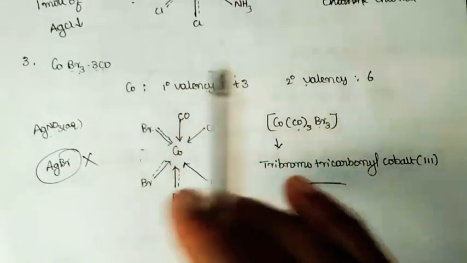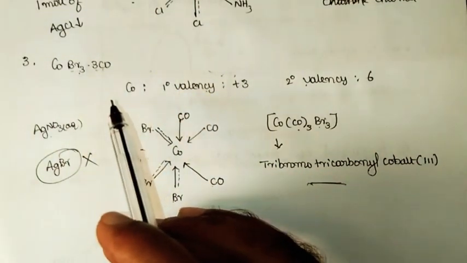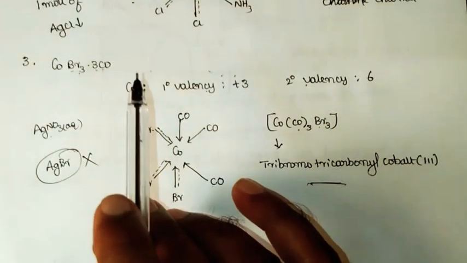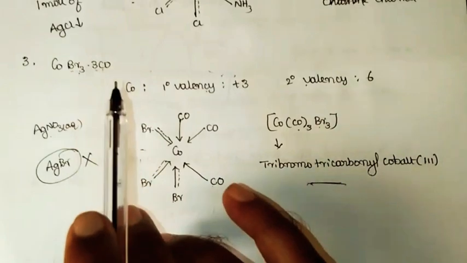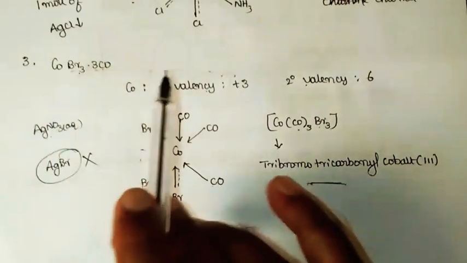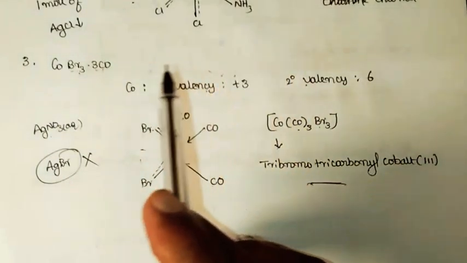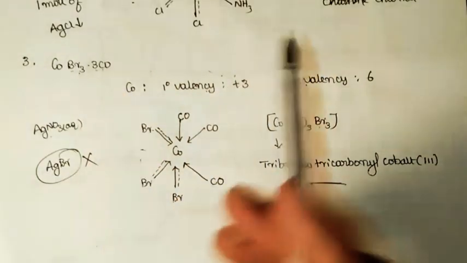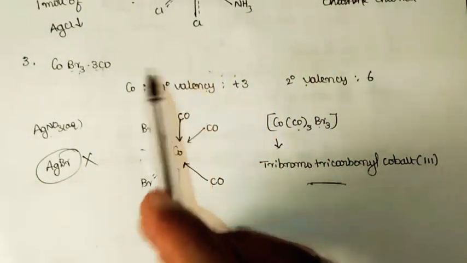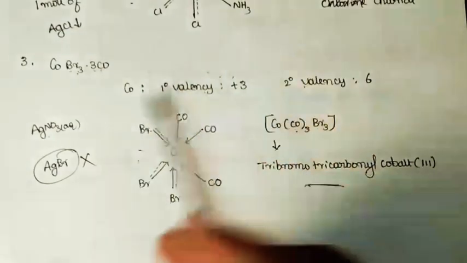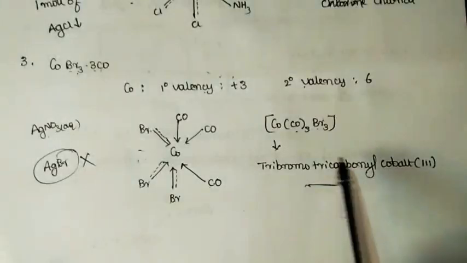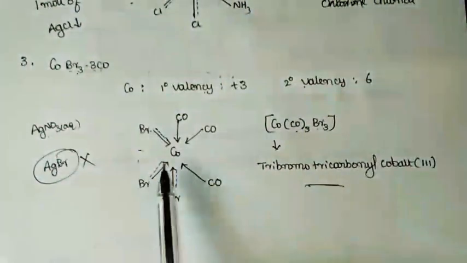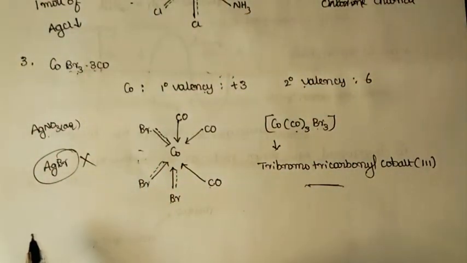Werner's theory didn't give a proper explanation whether a 4 coordinate system is tetrahedral or square planar. So in order to overcome these things, some modified or updated theories have been proposed, such as valence bond theory and crystal field theory. So for now, this is the whole and soul of Werner's theory.